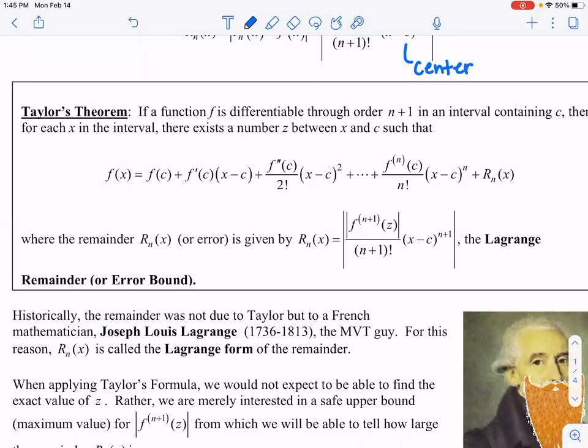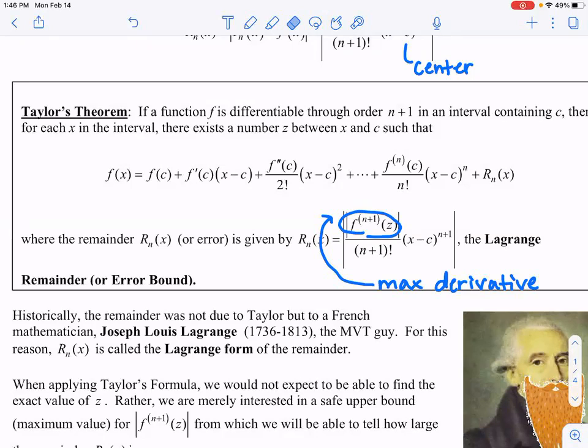So sometimes we might not be able to find the exact next derivative. So we're going to basically put a cap on it. We're going to call this the max of our derivative, the n+1 derivative of z.